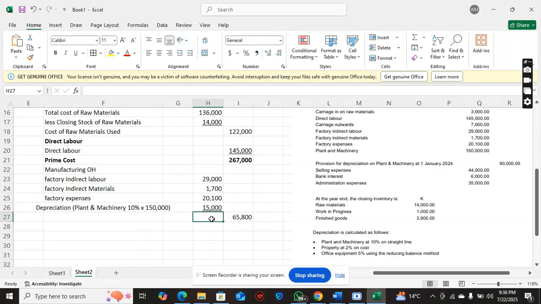Obviously, this amount I should put here because we've got the work in progress adjustments. Those adjustments we do after we total these up.